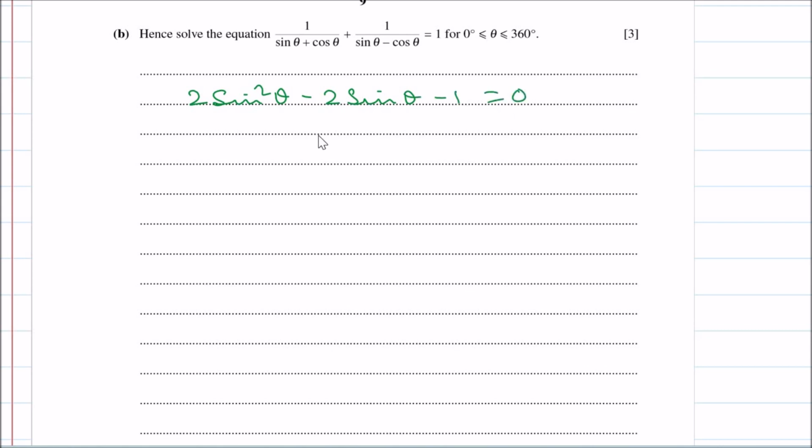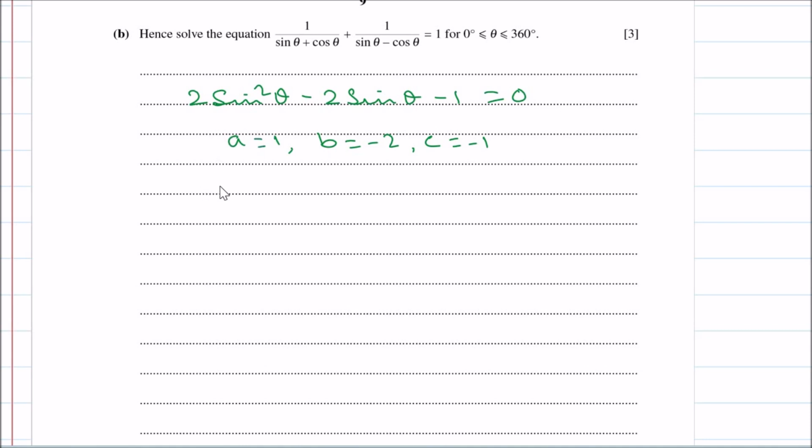We cannot factorize this, so we'll apply the quadratic formula. Let us write the values of a, b, c. A equal to 2, b equal to minus 2, c equal to minus 1. Now let's put these values in the quadratic formula.